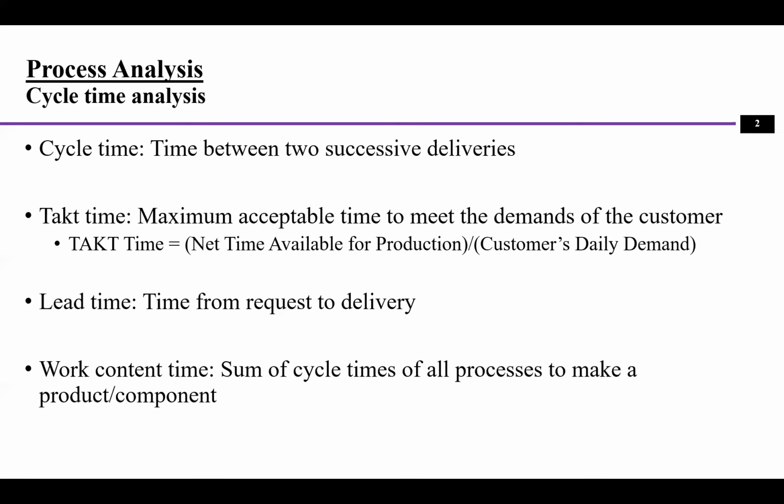Another concept is takt time. So takt time is the maximum acceptable time to meet the demands of the customer. And so takt time basically describes how much time is actually available, and what time you can give the factory to make the products.